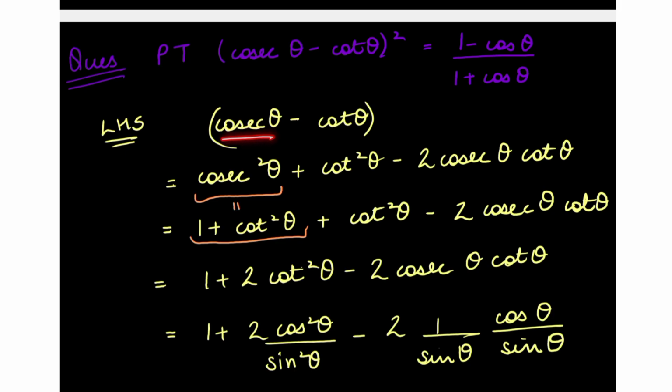So cosecant theta is a, cot theta is b: cosecant square theta plus cot square theta minus 2 cosecant theta cot theta. So cosecant square theta can be written as 1 plus cot square theta. This is the identity.